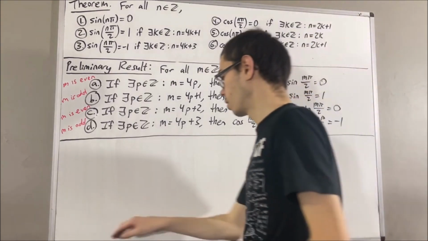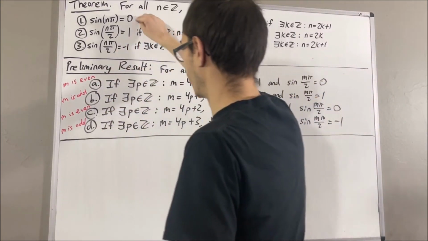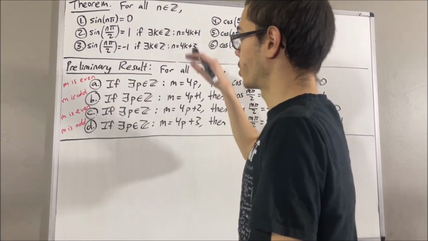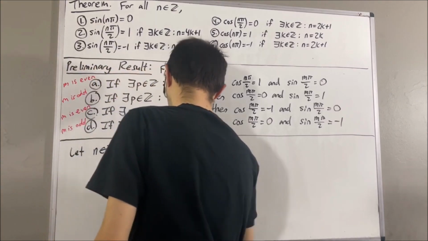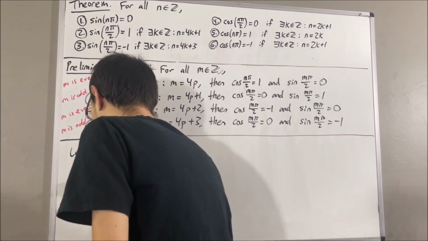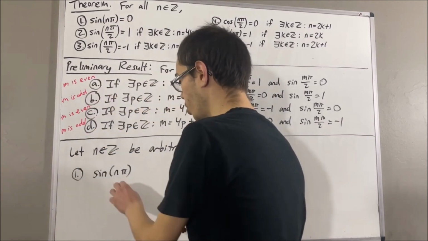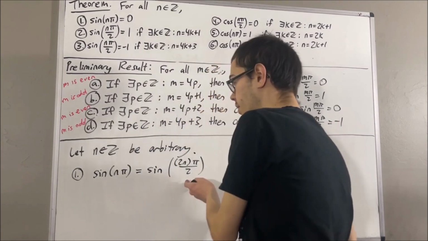So now, using this preliminary result, let's see how we can deduce each of these 6 results. To start out, let's give ourselves an arbitrary integer n. From here, let's show that sine of n pi is equal to 0. Well, to start, we're going to multiply and divide by 2. So we get this.